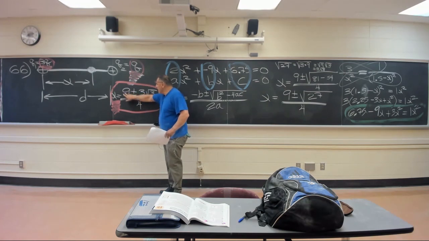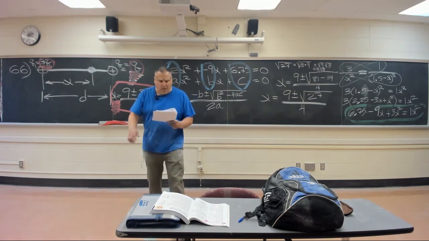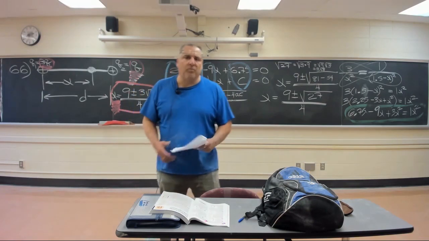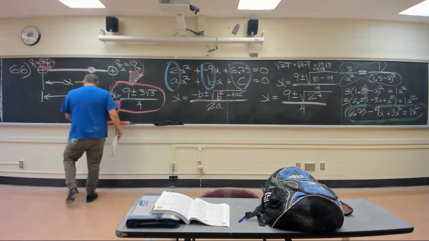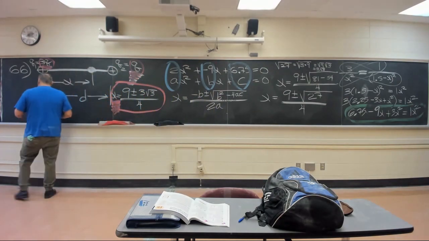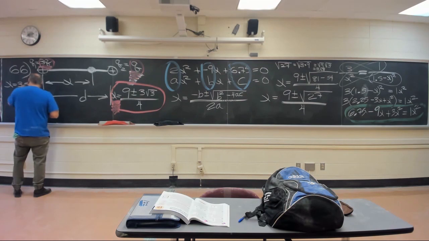With the minus, however, 9 minus about 5, that's about 4. 4 divided by 4 is about 1. Actually it's 0.951. 0.951 was about 1. That's the one that works. So you got two scenarios, and I'm going to immediately cross this one out because it doesn't make sense based on our preliminary assumptions.